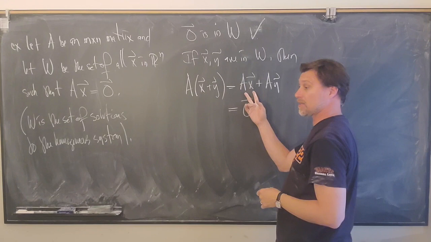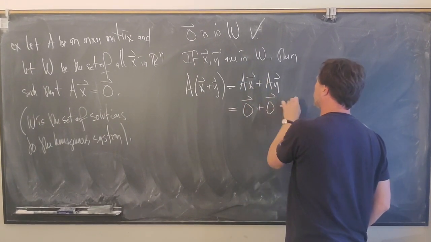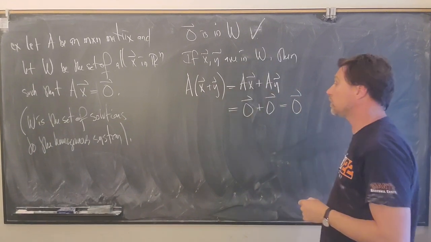We know that Ax is equal to 0 because x is in W, and same with Ay. So that's equal to 0.